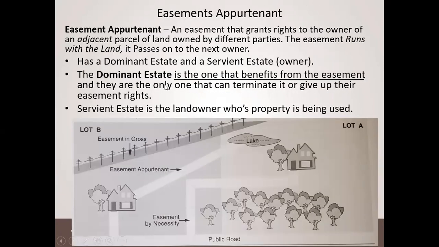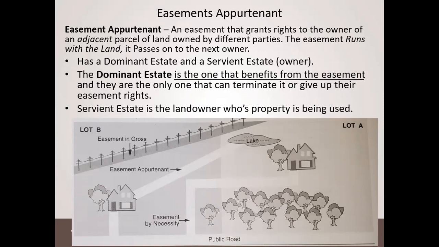So in this picture, you could see an easement appurtenant. Lot owner B on the left, lot owner A on the right. Lot owner B has an easement appurtenant to cross over lot owner A's property to use the lake. Who's the dominant estate and who's the servient estate there? Lot owner A or lot owner B? Is A dominant?